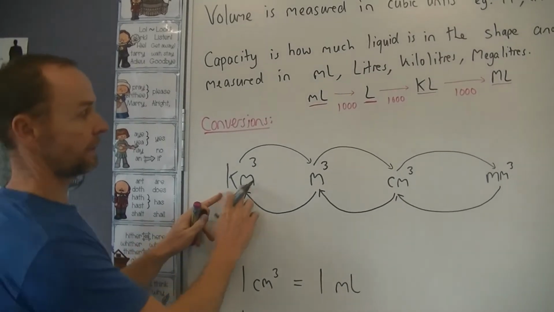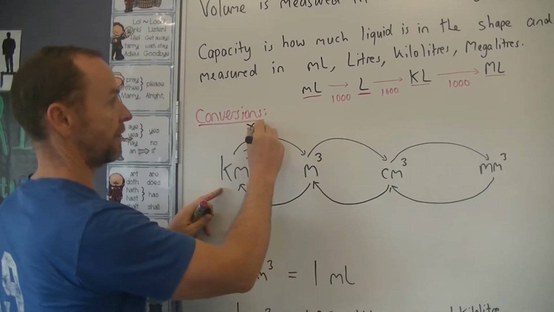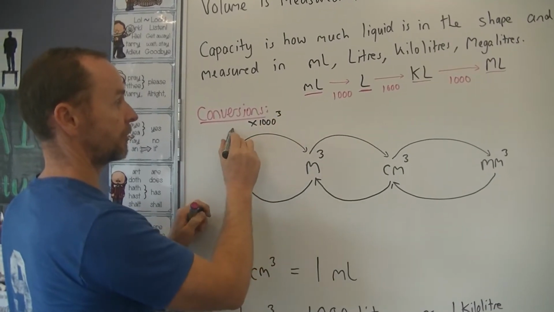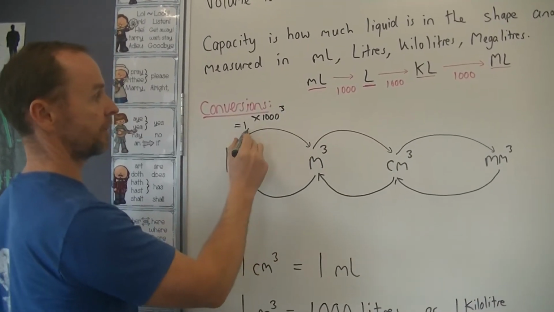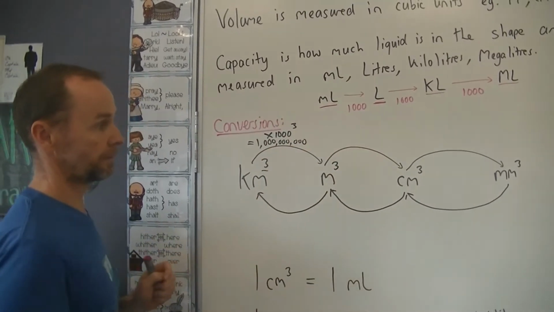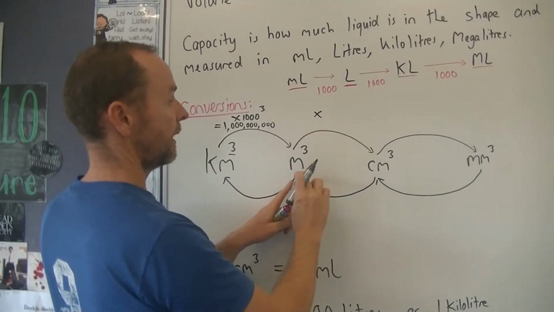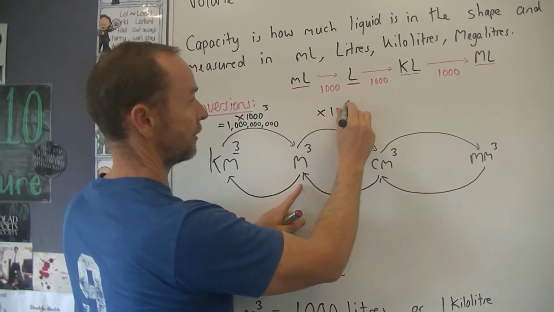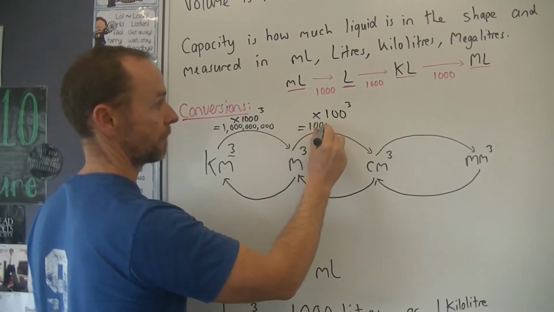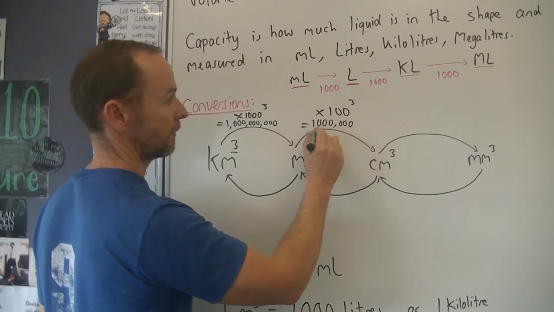Okay, and quick conversions again, because we've done these for length and then for area. This time, kilometres to metres, we normally times it by 1,000. But of course, because they're cubed, you times it by 1,000 cubed. So instead of 3 zeros, there's 9 zeros, which is a billion. Let's do the next one quickly. Metres to centimetres, times it by 100, but cubed. So instead of 2 zeros, there's 6 zeros, so it's a million.